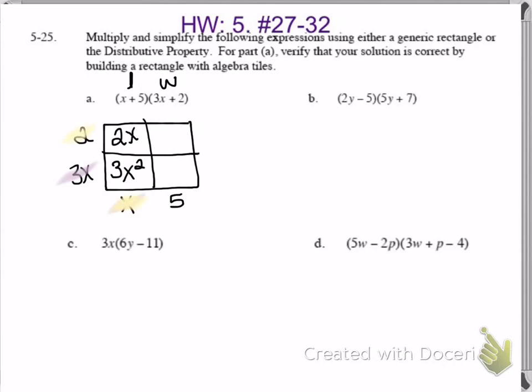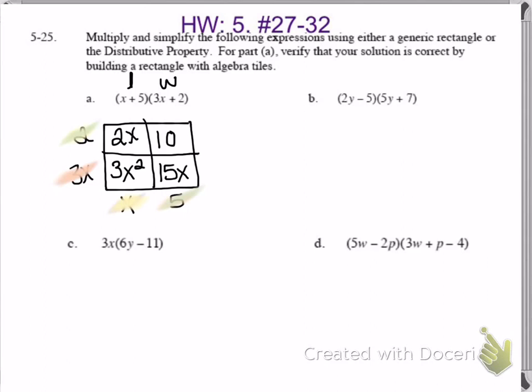Following that, I'm going to take the 3x and multiply it by the 5. That's going to give me 15x. And then lastly, I'm going to take the 2 times the 5, and that's going to give me 10.